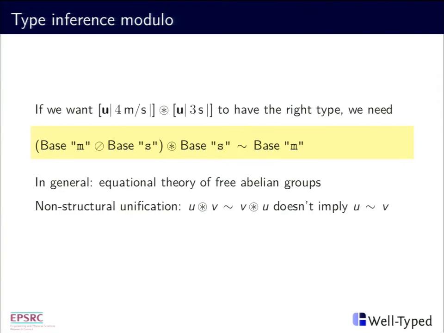And GHC doesn't have any way of solving that. There's no built-in process for dealing with these unit operators. So instead, we need some way of extending the equational theory that the type checker knows about in order to solve these constraints. And in this system, the extension I'm using is unification in the equational theory of free abelian groups.